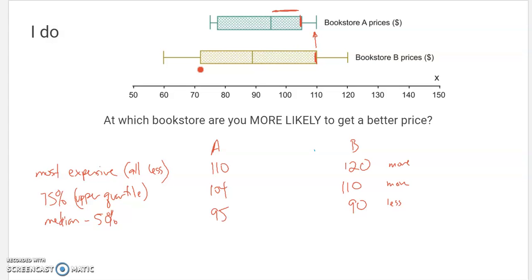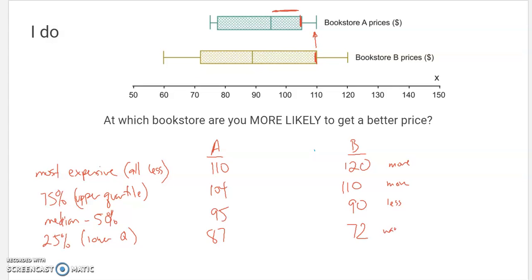Let's keep going down. Let's go to the lower quartile, 25% of the books. I'll just write lower Q, lower quartile. So at store A, I'm sorry, it looks like 25% of the books are less than, it's hard to tell, 87 maybe? Store B, 25% of the books are less than like 72 or something.